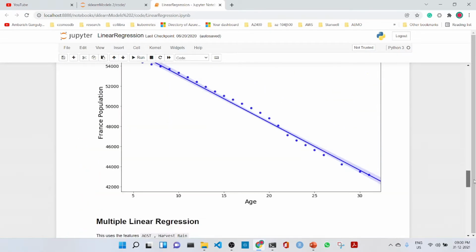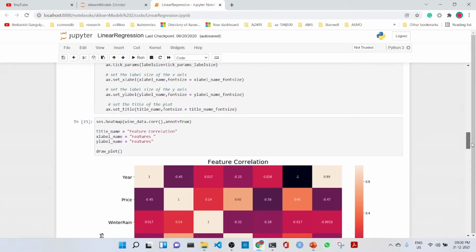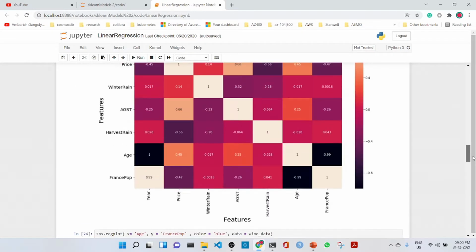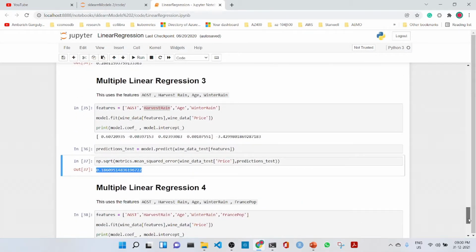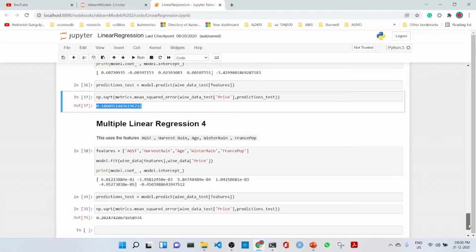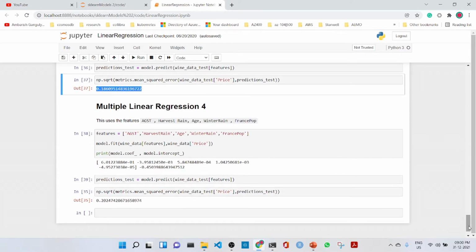Let's see if this is less than the one which is using a single variable. Yes, this is the least.